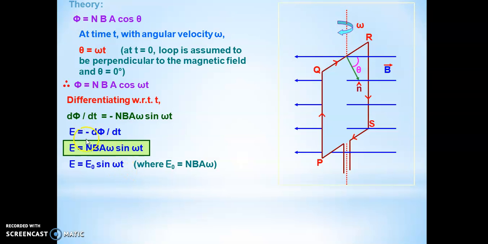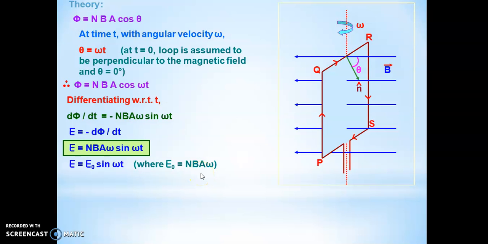So we can fix this value and write it in terms of E naught. What is E naught? The absolute value. So E will be equal to E naught sine omega t, where this value of E naught is NBA omega.